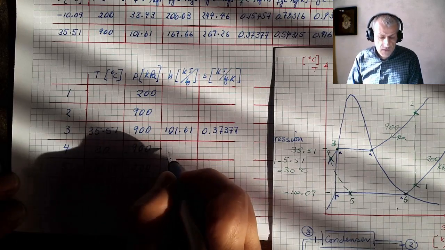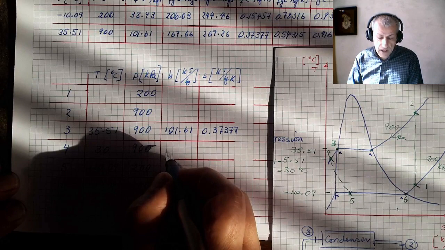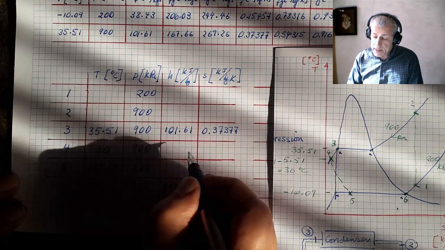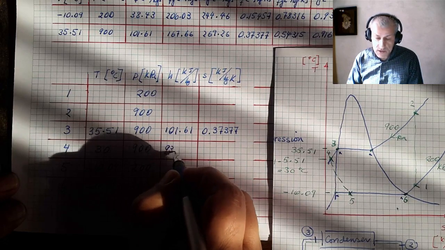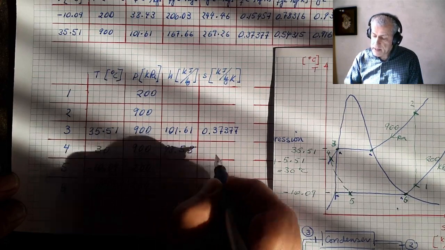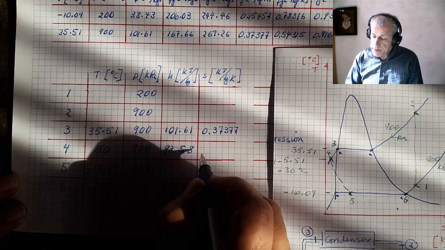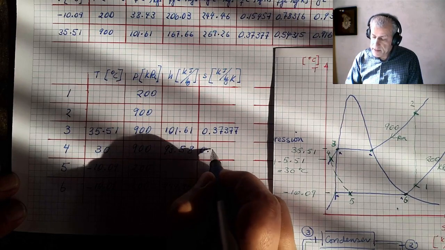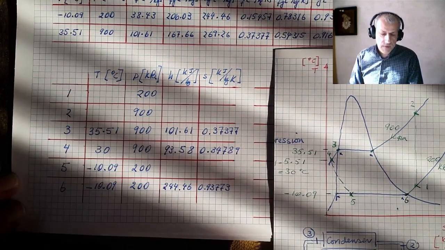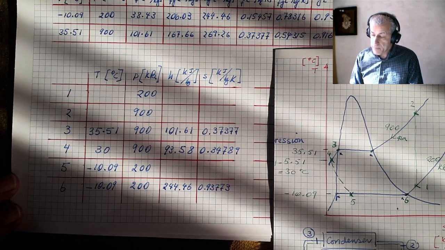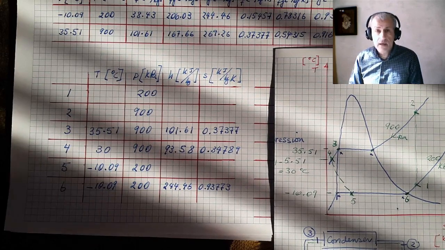So for point 4, we just read values from the table at 30 degrees C, and for H, it is 93.58, and SF is 0.34789. And these are the values that we may have for different points, at least just simply from the table.